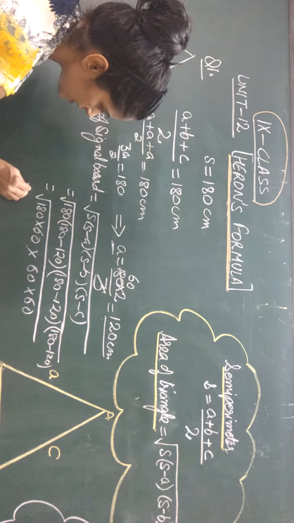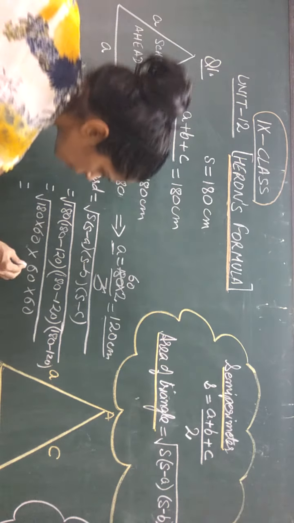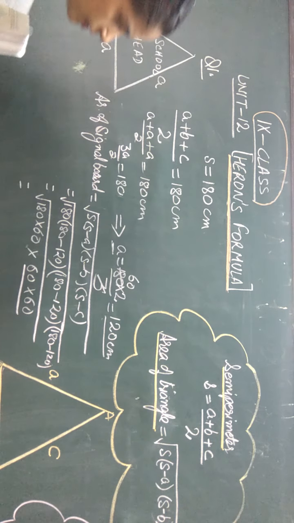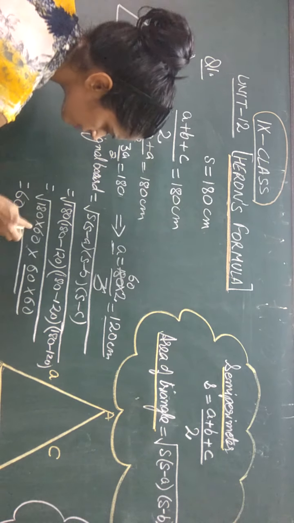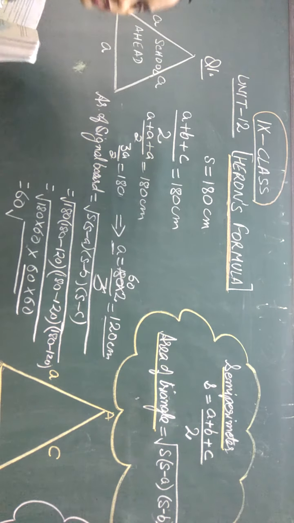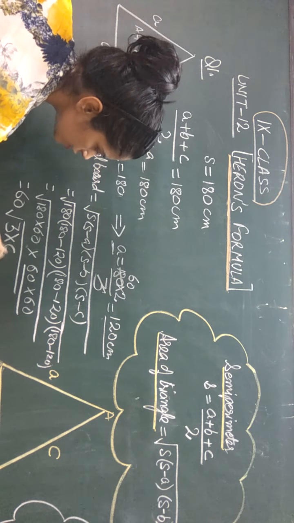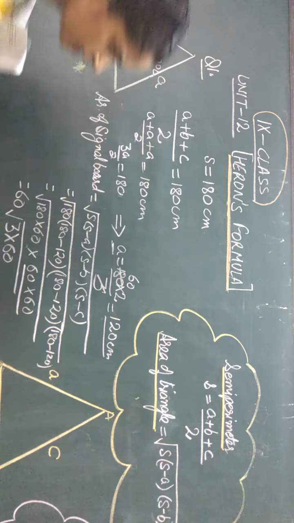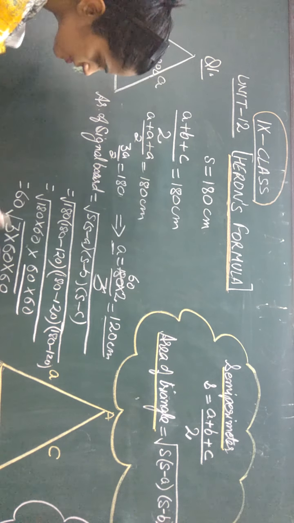So let us factorize it. As you know, a square root can be solved by making pairs. So let us split it. One pair we already have, let us take it out. Now what is left is 180 into 60. 180 can be written as 3 into 60, so 3 into 60 into 60. Again we have a pair, let us take it out.